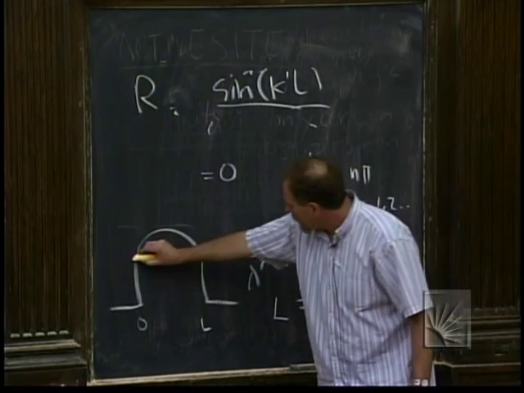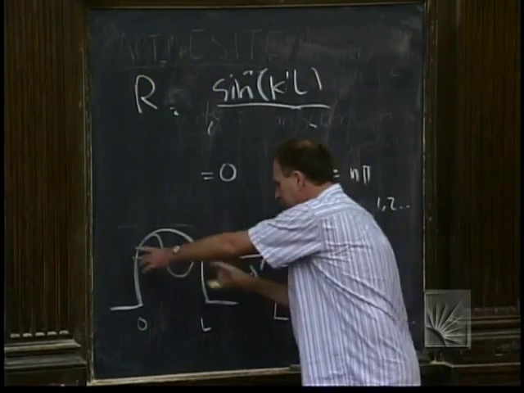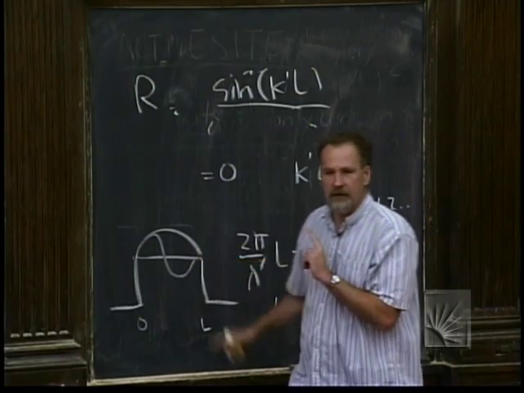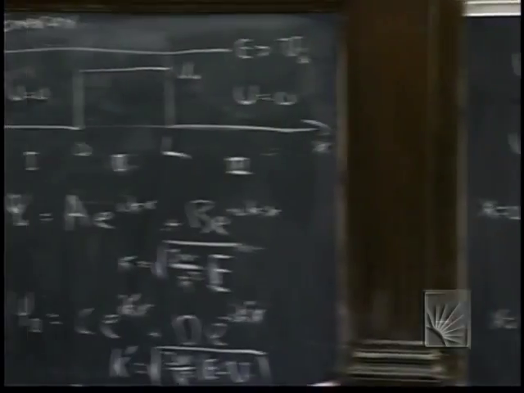So basically, it's saying how many integer half wavelengths fit in here. So indeed, that is exactly a resonant condition. If half the wavelength exactly fits in the barrier, there's no reflection. That basically must mean that the reflection off this front face and the reflection off this back face destructively interfere. Okay?